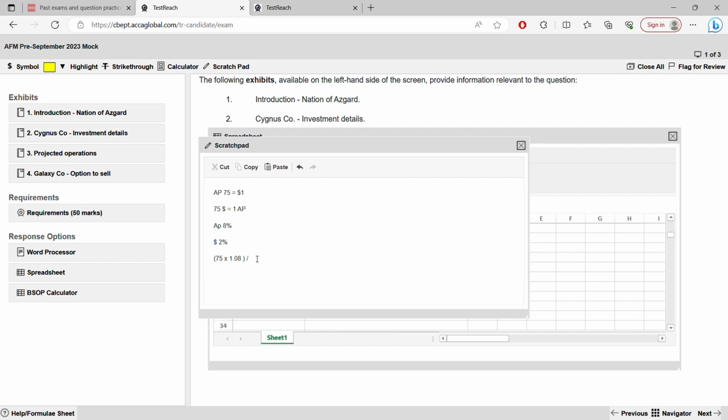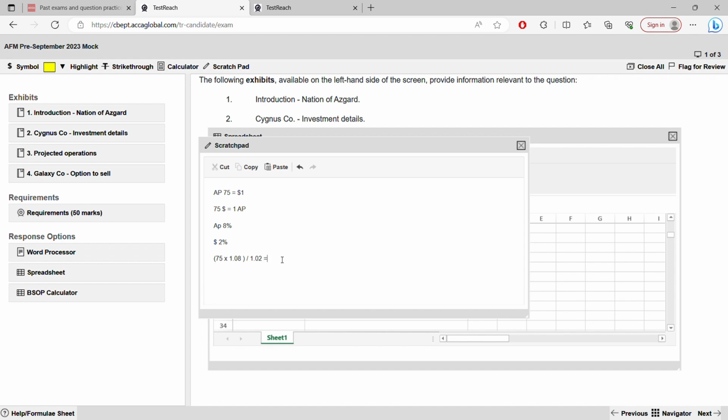Divide this by 1.02, 1 plus the inflation rate of the dollar. This is fixed. The only thing is you need to know which inflation to divide and which to multiply. So this is 75 in AP, this is AP's inflation, multiply. This is dollar inflation, divide. So you will be getting some answer.